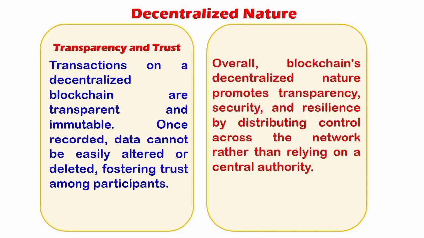Overall, blockchain's decentralized nature promotes transparency, security, and resilience by distributing control across the network rather than relying on a central authority. Actually, a blockchain is like a big team where nobody is the boss.